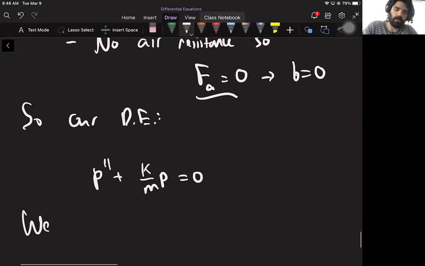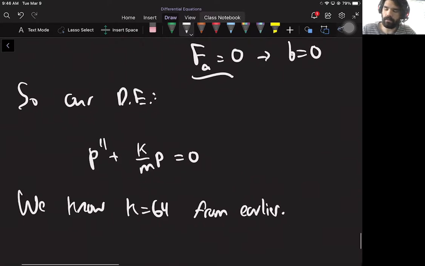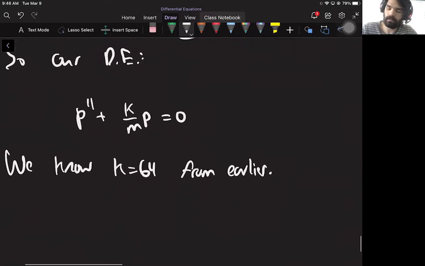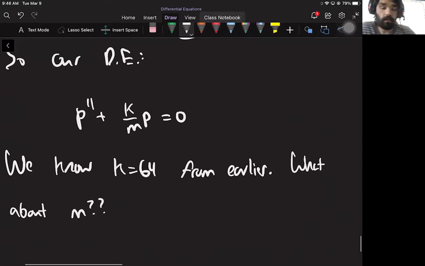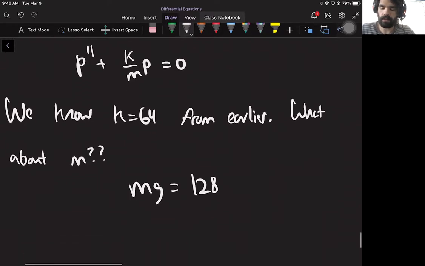Okay, so we already know K equals 64 from earlier. What about M? Well, to get M, we use gravity again. So the force due to gravity is the weight of the object.